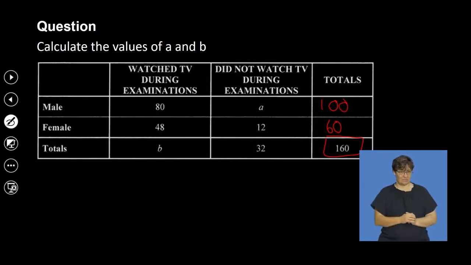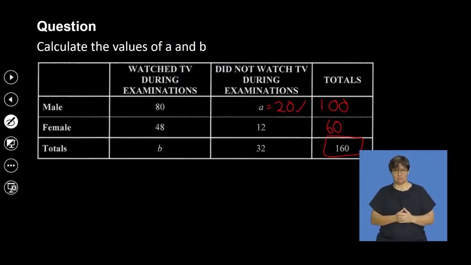So I can recognize that 80 plus A will give me 100. So it's not too much of a stretch to recognize that A is going to be 20. If we say 20 plus 12, that gives us 32. It confirms for us that we're right.